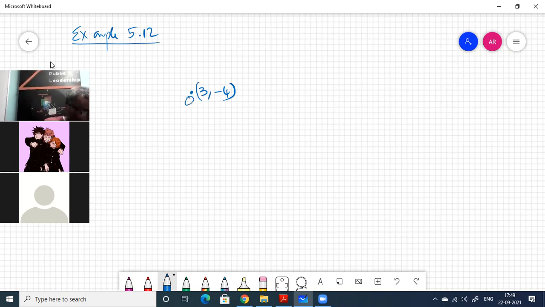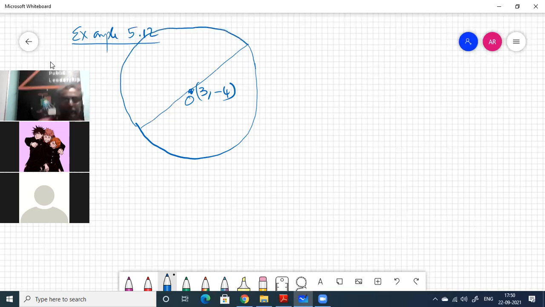Let us name it O. AB is the diameter of the circle. This is A, this is B, and B is (5, -6). Find the coordinates of A. A is (x, y).